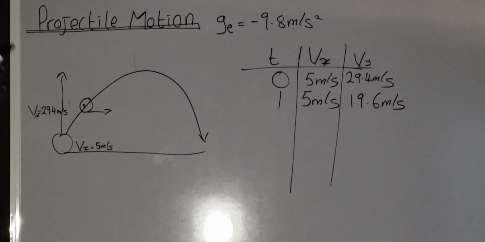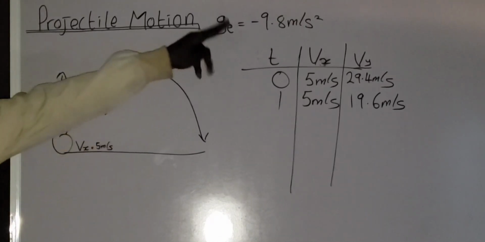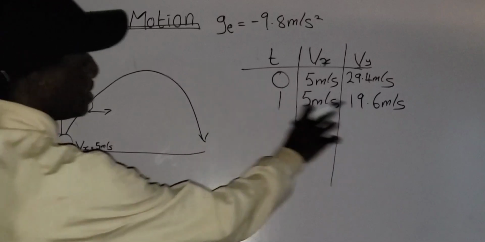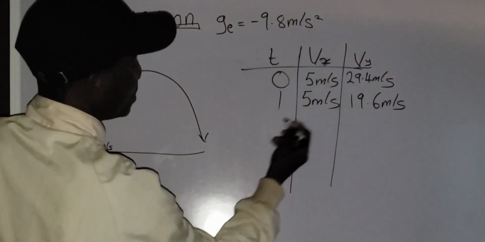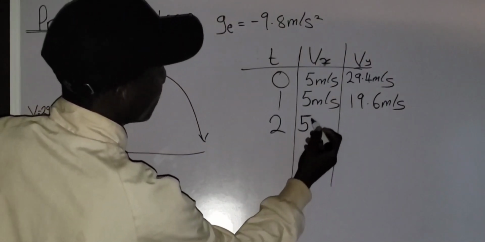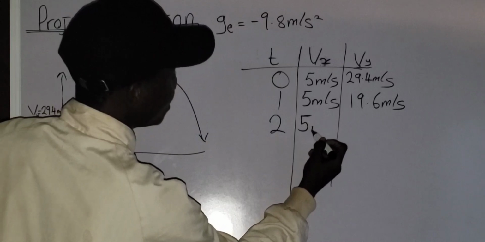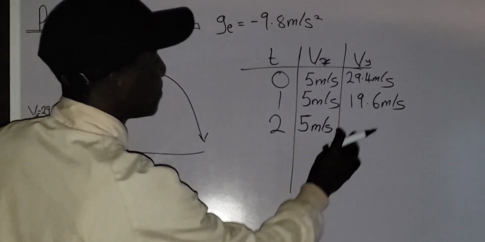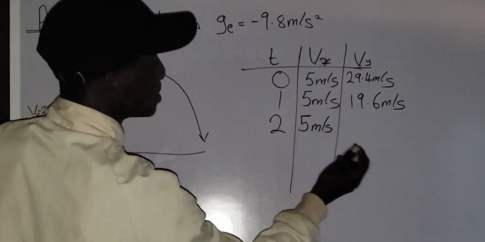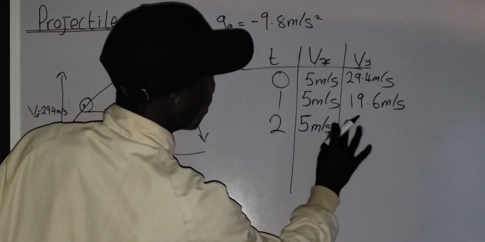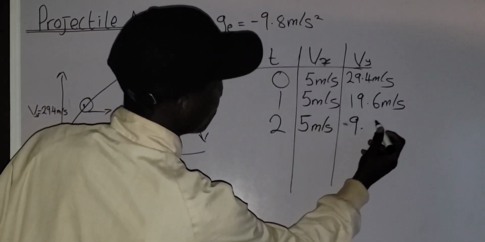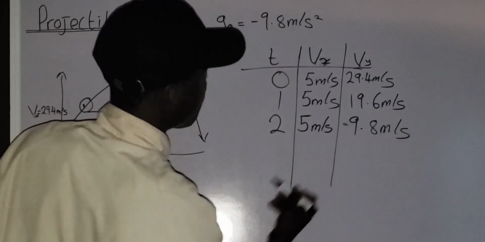As the ball was shot, the velocity is here, but immediately the ball was in the air, the velocity is affected by this. Do you understand? So now the velocity has reduced to this. So at 2 seconds, the velocity along the horizontal axis will still remain the same, that is 5 meters per second. But the velocity along the y-axis will be reduced to 9.8 meters per second.